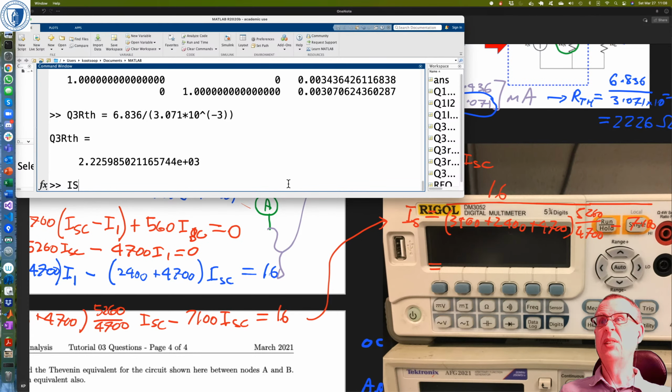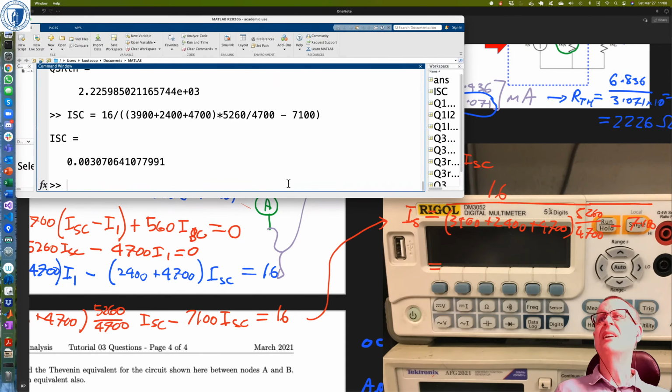Right, so ISC equals 16 divided by, and I think I'm going to need two of those, 3900 plus 2400 plus 4700 times 5260 on 4700 minus 7100, and that gets us 3.071 milliamps, which I think is what we got before.